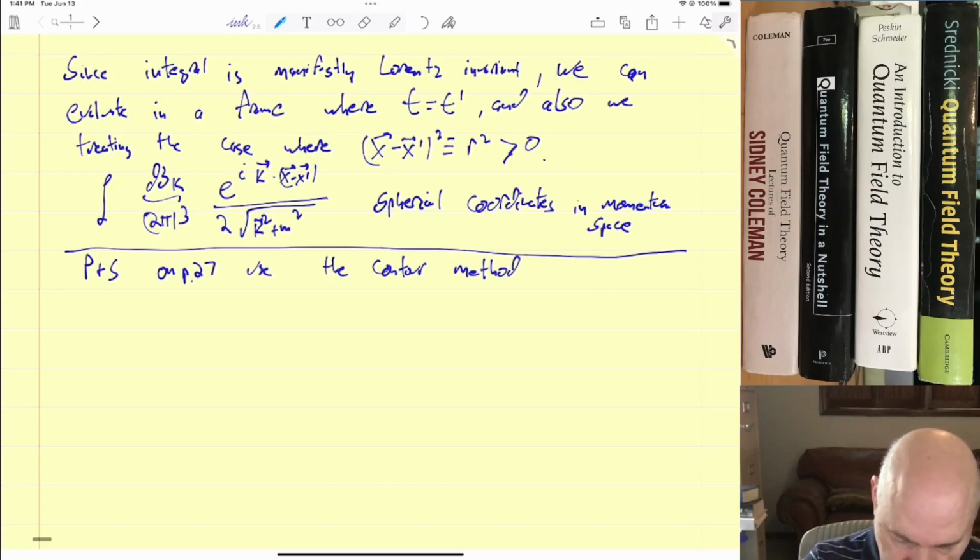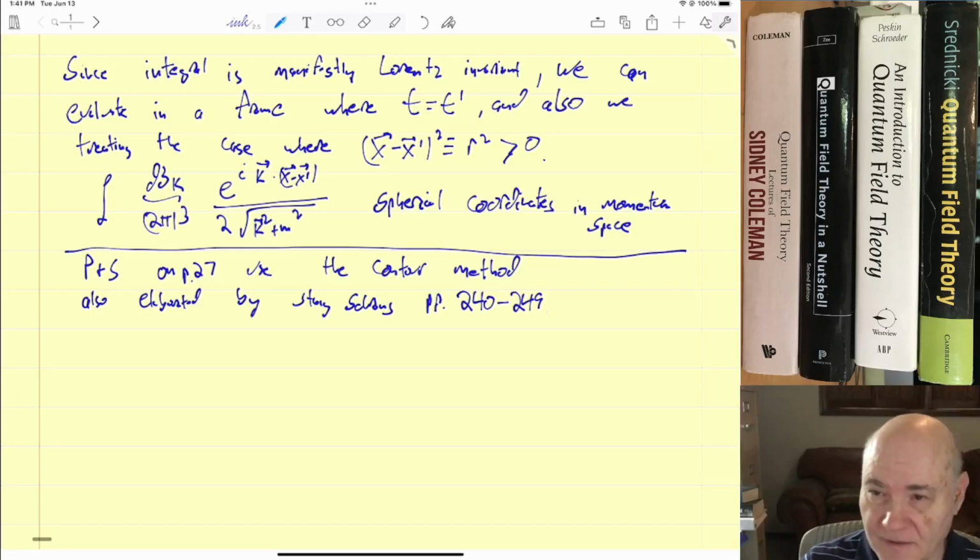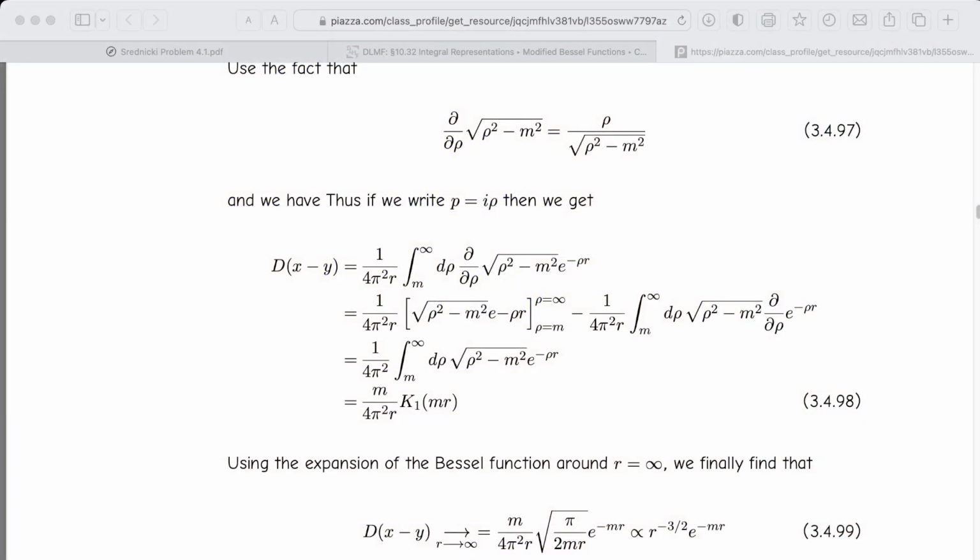And that's also elaborated by Danny Strands, who has these notes, which I've posted on my Piazza website. It's like 2,000 pages of notes, and he does it there.